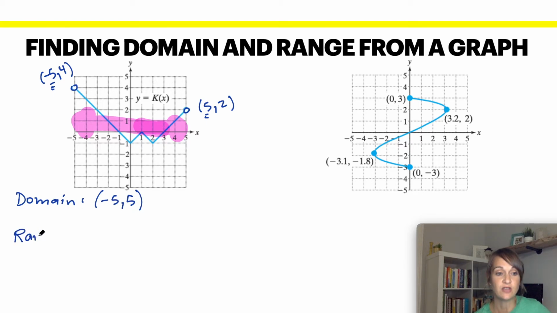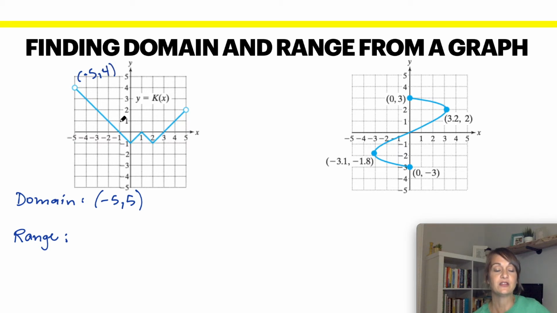Now the range, on the other hand, is the y values. So you're looking for the highest and the lowest that a graph goes. The highest point is still the point (-5, 4), but now the lowest is going to happen here or here. It doesn't matter which one you use because their y values are the same. The coordinate point at that point is (0, -1).